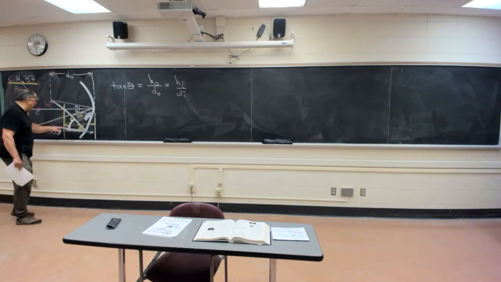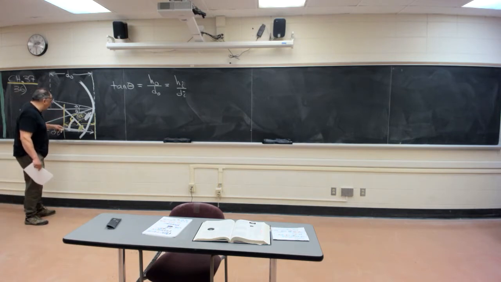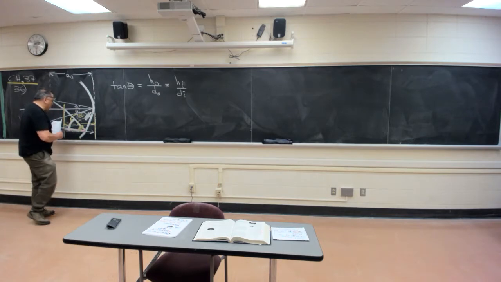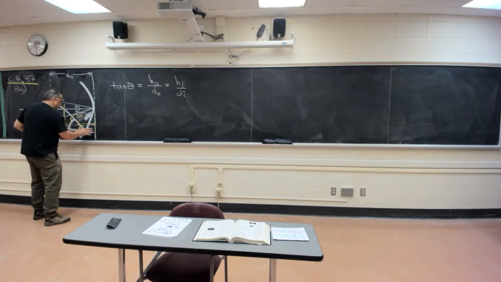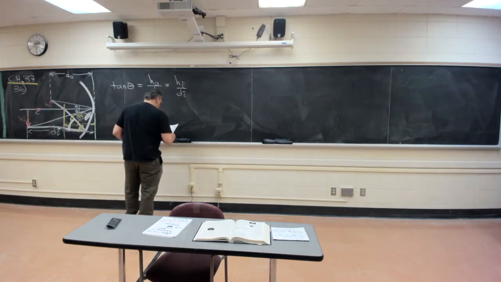Well, the rise from here to here is hi. The run, F, is this whole big thing minus what's going on over here. So we got to talk a little bit about that. Okay, so you got that right there.